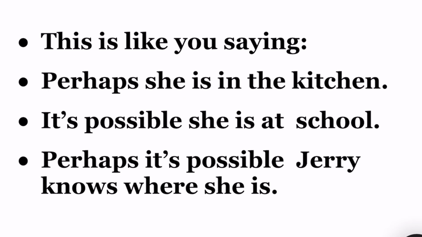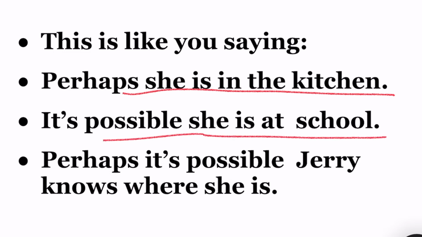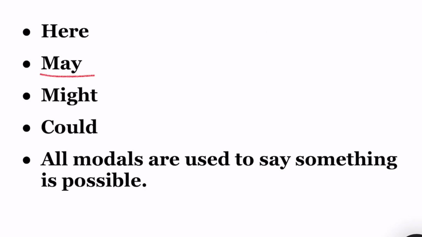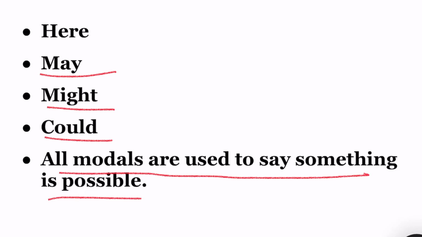This is like saying, perhaps she is in the kitchen. It's possible she is at school. Perhaps Jerry knows where she is. Here, may, might, and could are all modals used to say something is possible, but you are not sure about it.